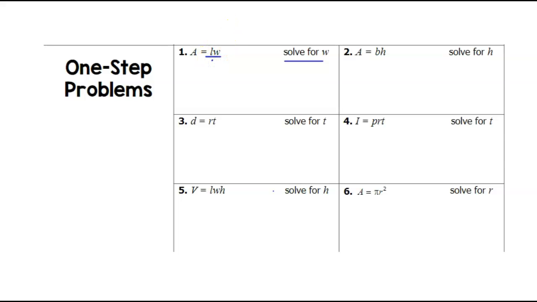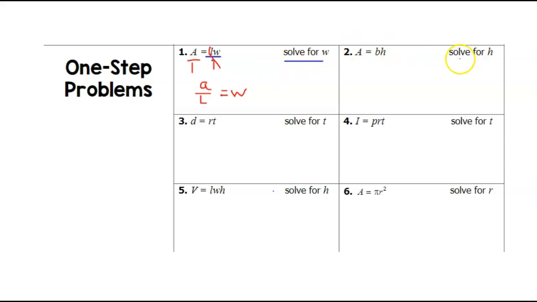So what we're really dividing by is L. We have to divide by L to get W by itself. On the right side, the L's cancel, and we're left with A over L, and I'm going to write a little a over a big L so we can see the difference. A over L equals W. Good job, guys.